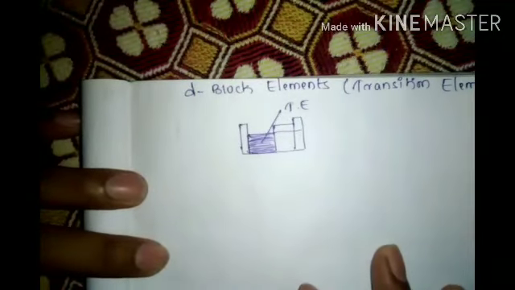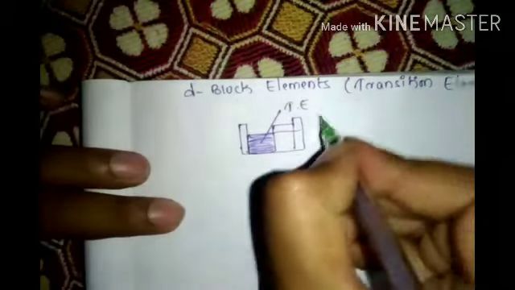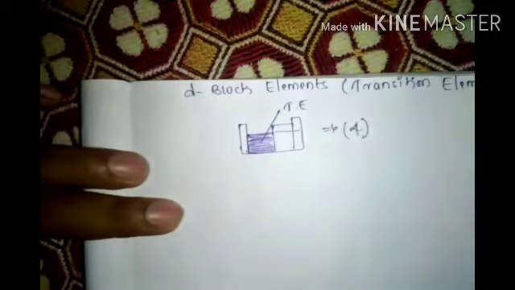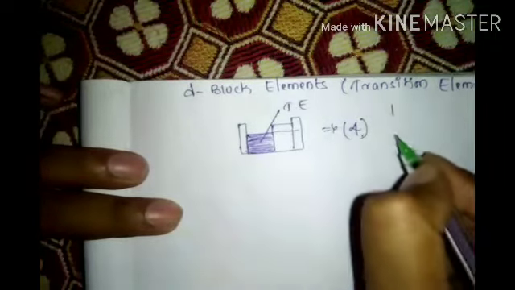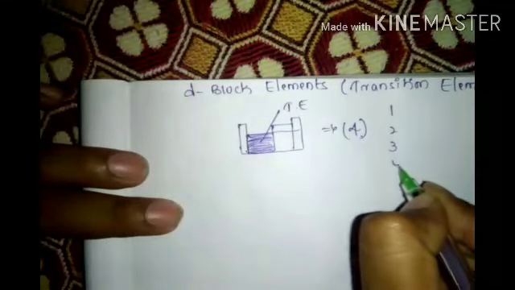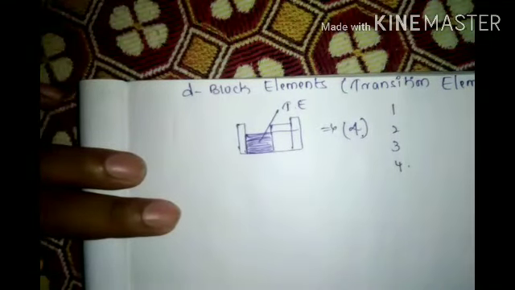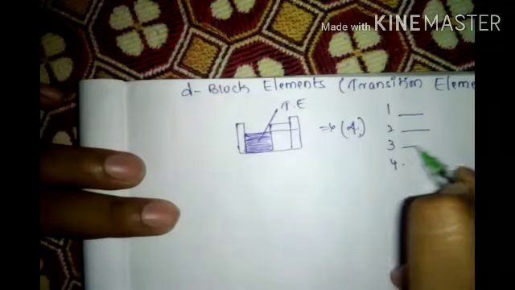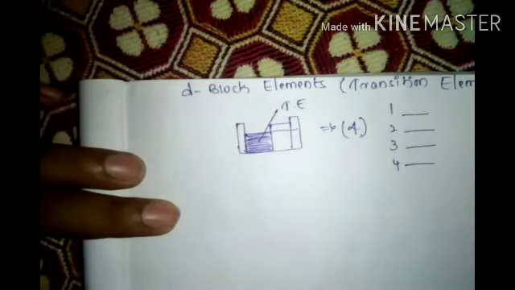Now here, totally the transition elements are divided into 4: first, second, third, fourth. First from where to where, second where to where, third, fourth. That is the D block elements.